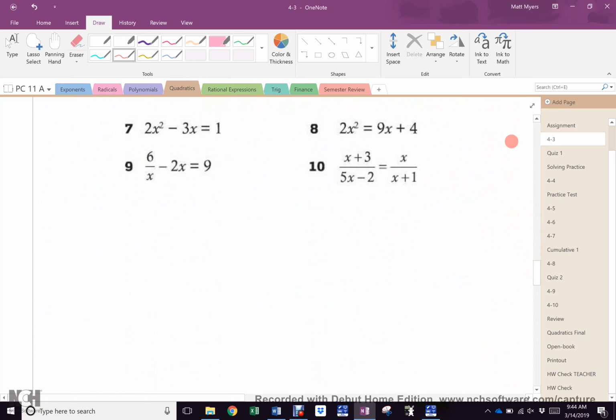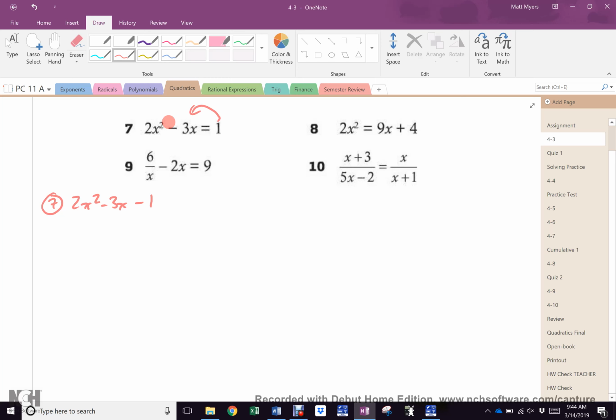7 and 8 are pretty much exactly the same. What did you have to do? 7 became 2x squared minus 3x minus 1. A great many of you on your cumulative forgot that when you move something over the equal sign, it changes sign.